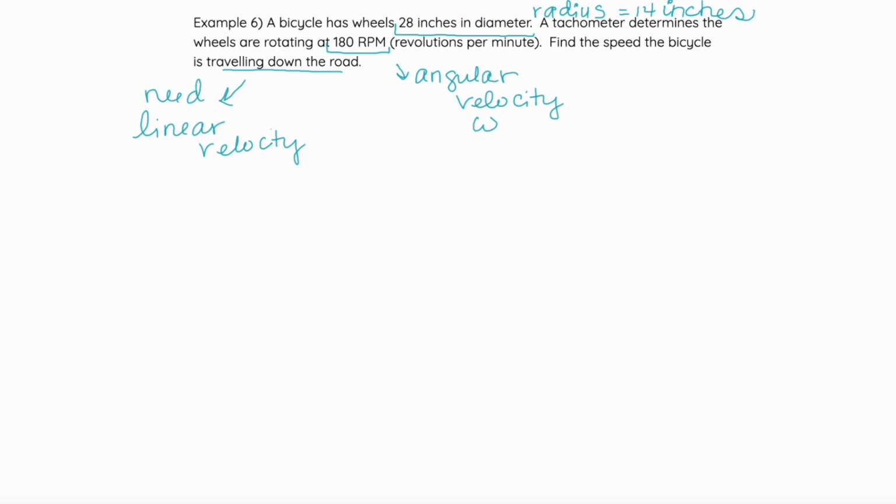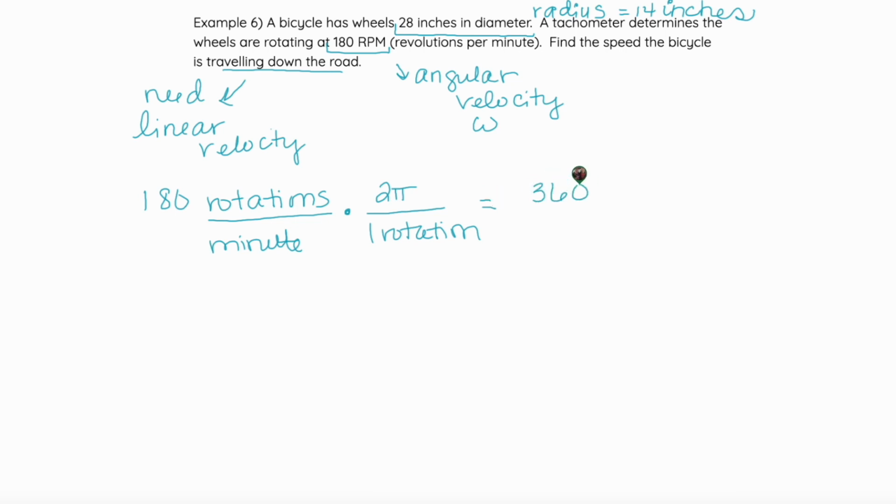All right, let's talk about some other things here. I know that I can do 180 rotations or revolutions per minute. I also know that 2 pi radians is the same as 1 rotation. This then gives me 360 pi radians per minute.